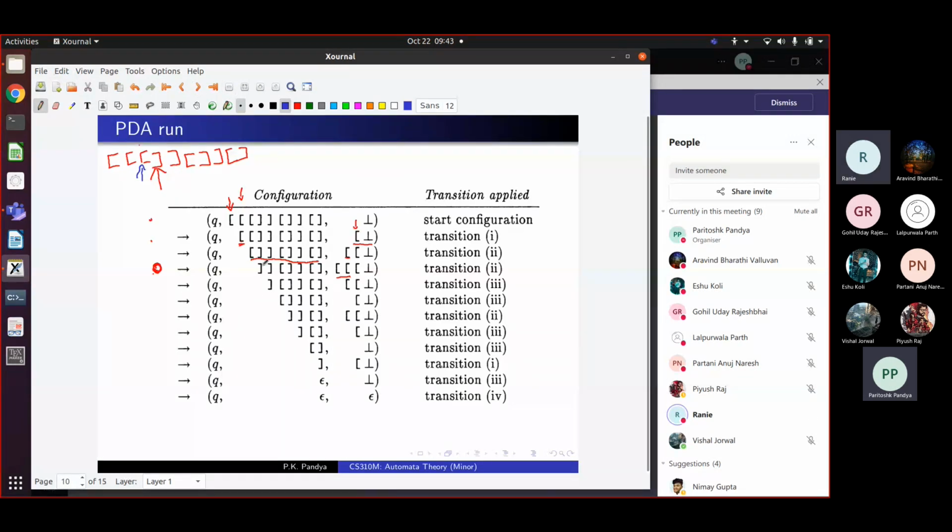This close bracket is matched with this open bracket, which is underlined here, and this open bracket on the stack is erased. It is substituted by epsilon. So I consume this close bracket symbol in the input word, I pop the open bracket symbol on the stack, and this is the new stack I get.